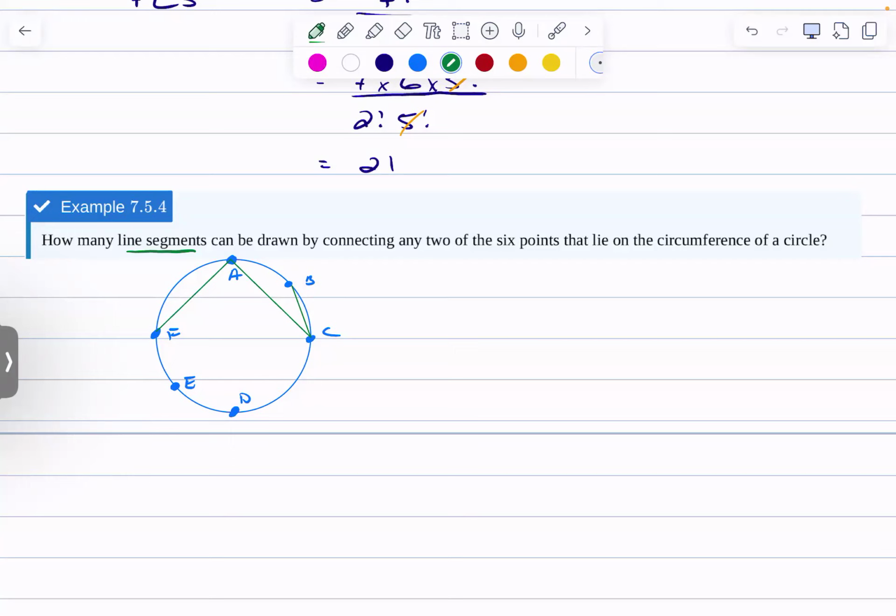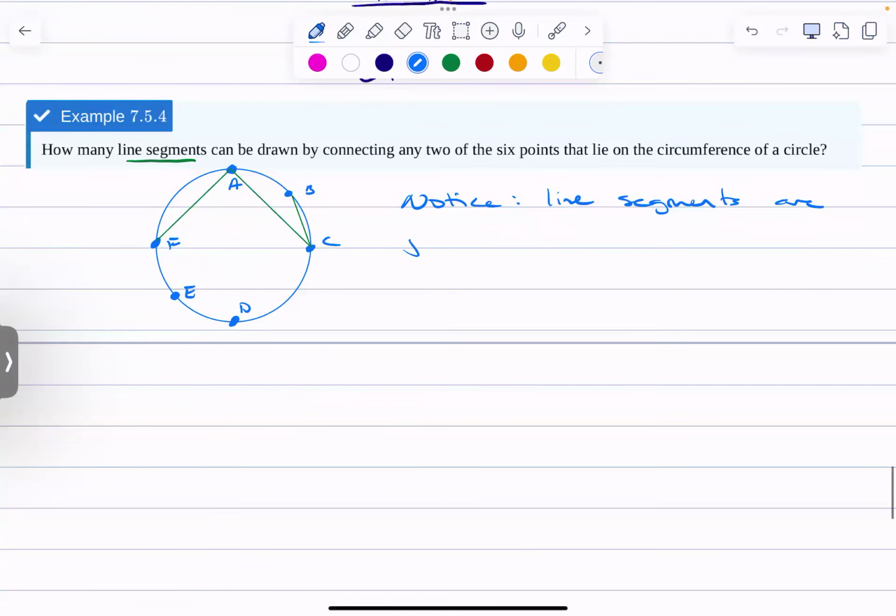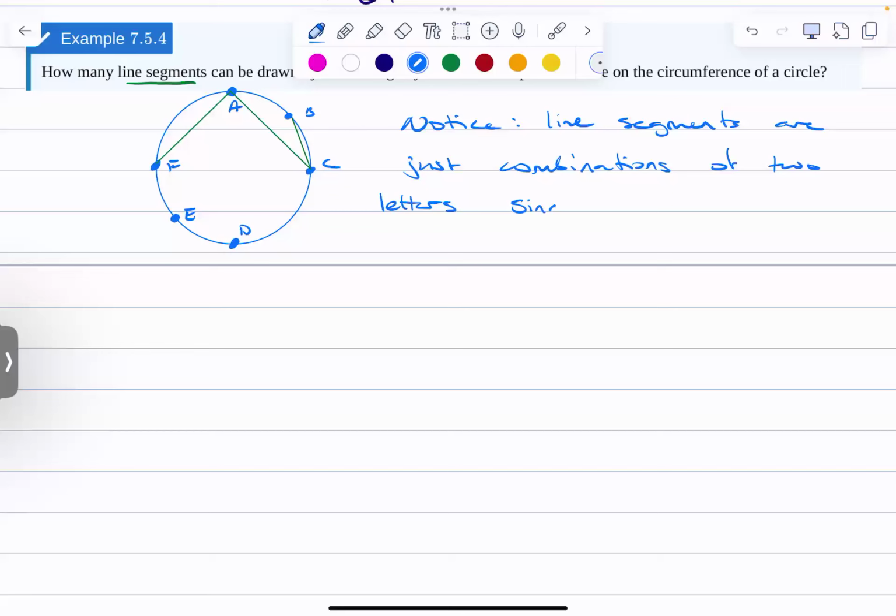And so here, notice line segments are just combinations of 2 letters, since A to C is the same as C to A, same line segment.